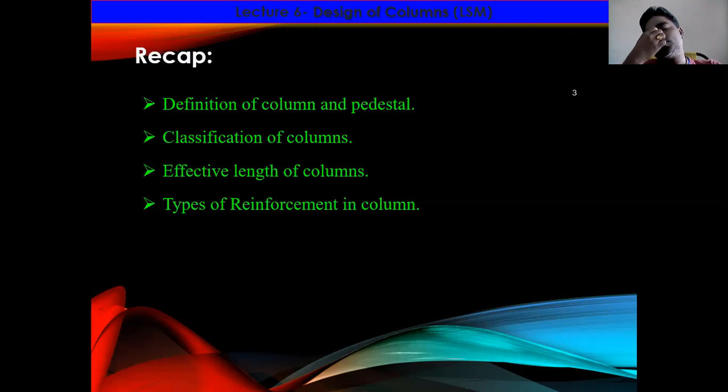We have discussed four types now. That is long column and short column, and axially loaded column or eccentrically loaded column.